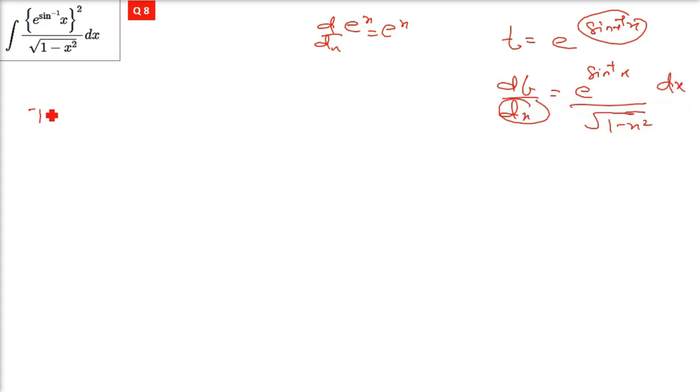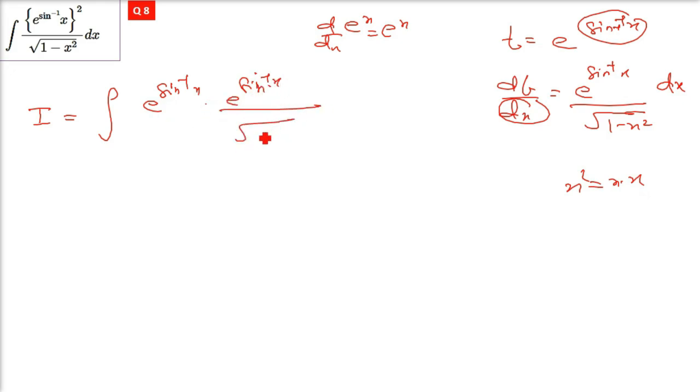So the whole right side is the result. This e raised sine inverse x whole square, because t was being taken, is simply e raised sine inverse x into e raised sine inverse x. You can write the square as x into x. So e sine inverse x into e sine inverse x, and one of the parts is divided by under root 1 minus x square, which is our question also. Now this whole thing on the right is simply dt.